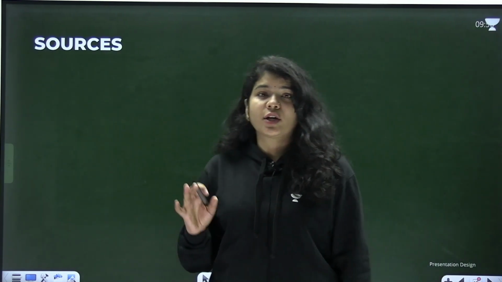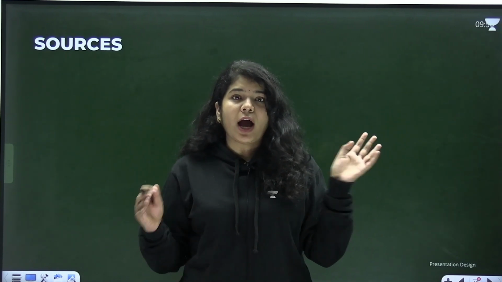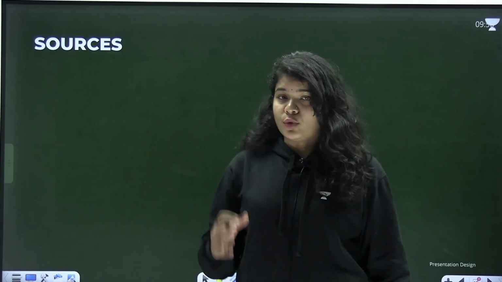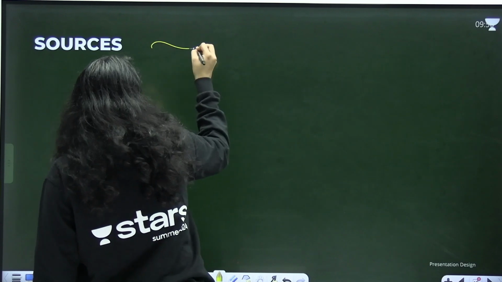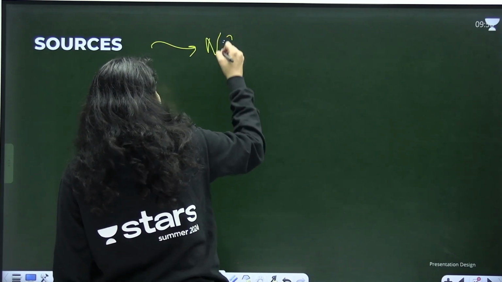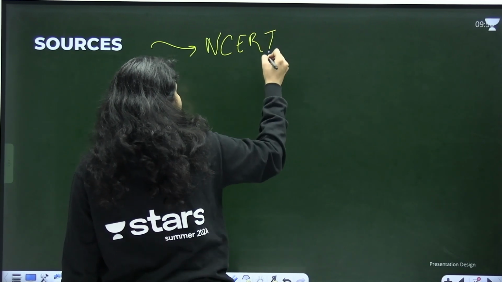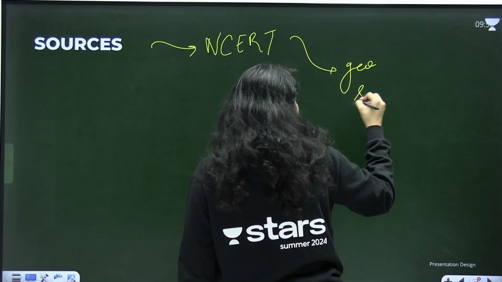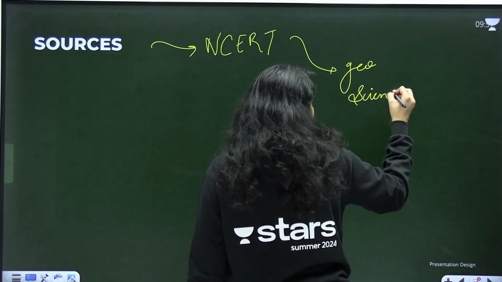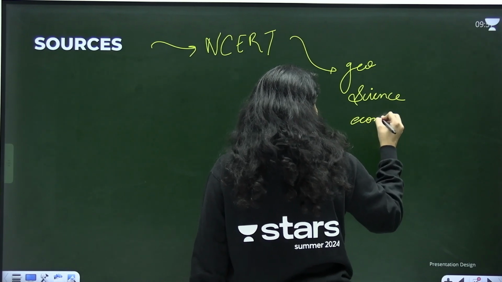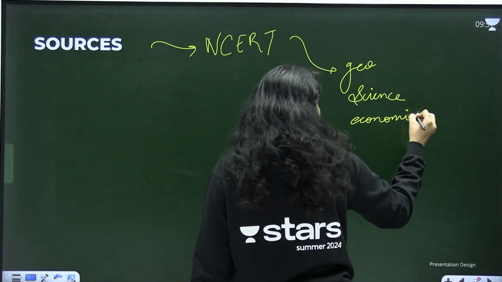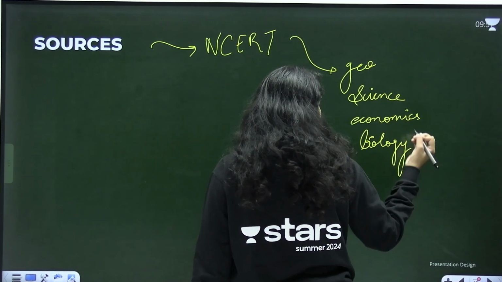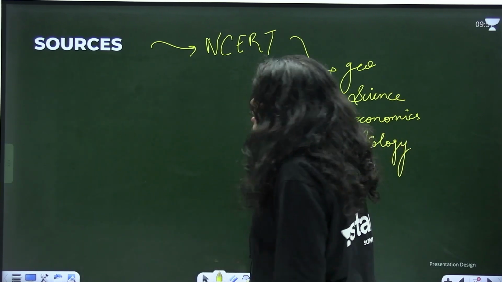The sources that are required for this particular paper are again very dynamic, as the subject in itself is. The sources that we can use are in particular NCERTs: the NCERTs of geography, NCERTs of science, economics for some aspects of it, and biology, class 11th and 12th, are certain basic books that can be used.